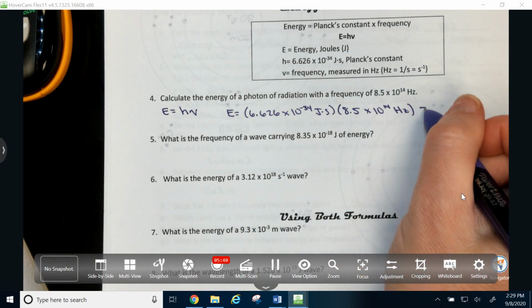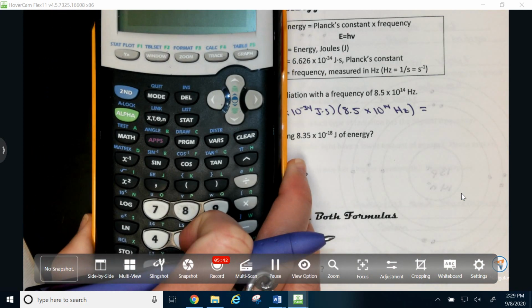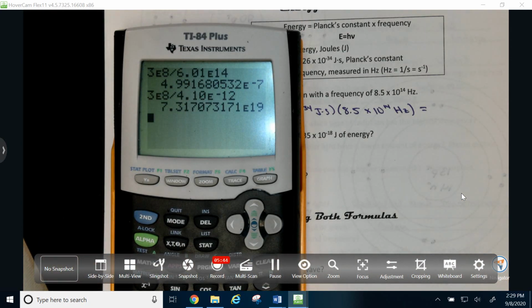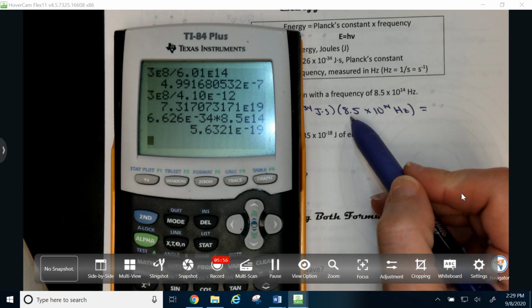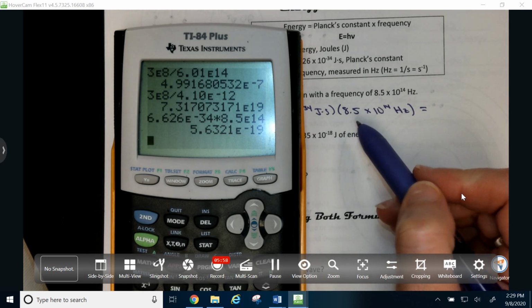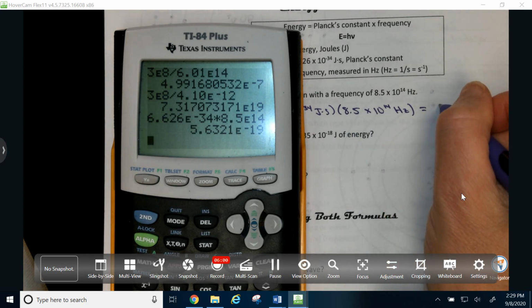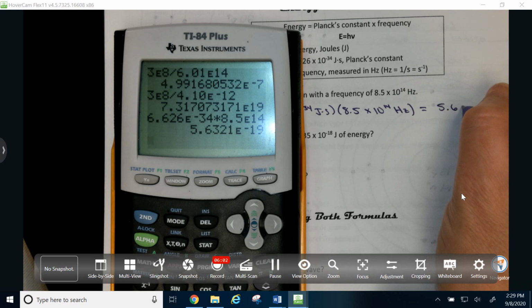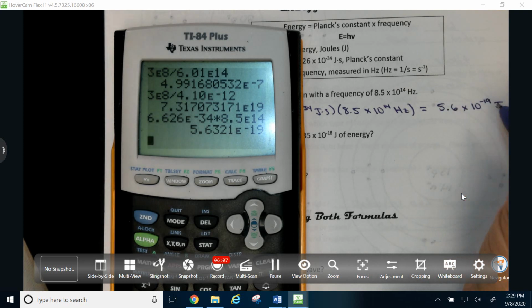So we don't need to rearrange the equation. We can just go ahead and multiply 6.626 second E negative 34 times 8.5 second E 14. Because this only has 2 sig figs, our answer is only going to have 2 sig figs. So we should record our answer as 5.6 times 10 to the negative 19 joules, because we're solving for energy.